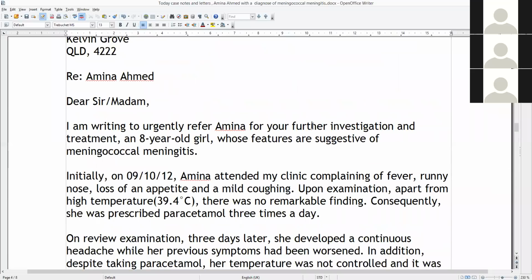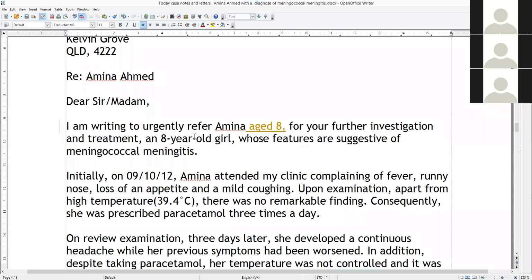Urgently refer, I mean, if 8-year-old girls. Right, now why would this be in a separate clause? You would probably want to put that after Amina, her name. I'm writing to urgently refer Amina, aged 8, for your further investigation and treatment, whose features are suggestive of.